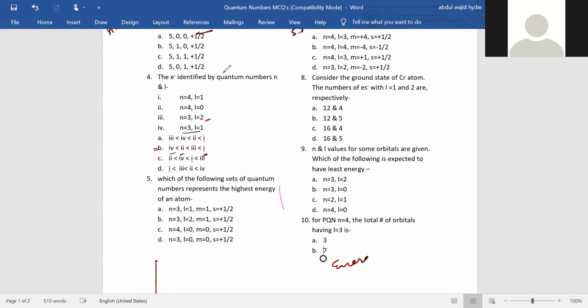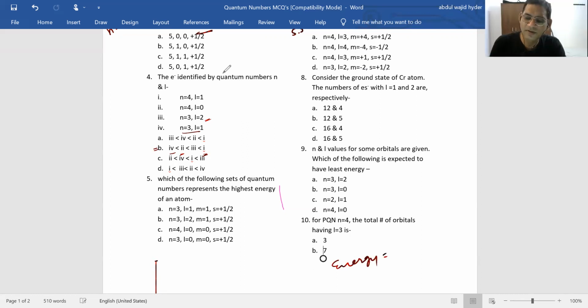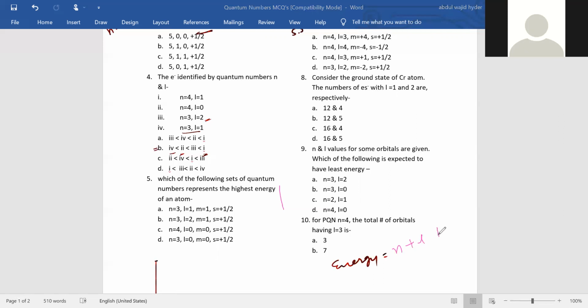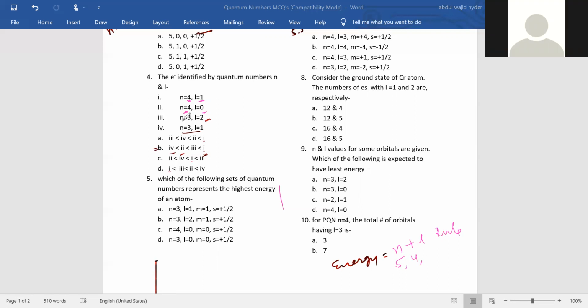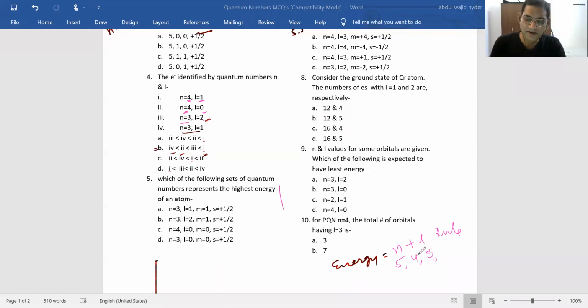Energy is decided by the n plus L rule. N plus L is 5, N plus L is 4. For n is 3 and L is 2, that is 5. And n is 3 and L is 1, that is 4.